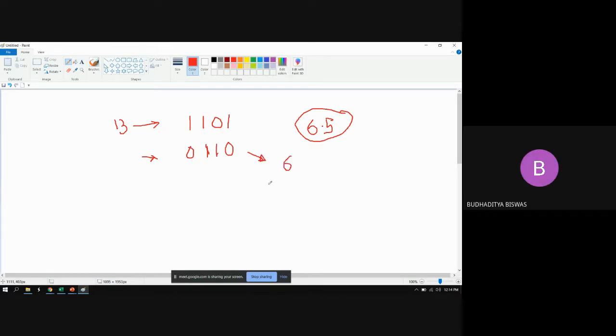So that's why it's written that if the data is odd, then just by shifting the data one bit towards the right position causes an error of 0.5, because the expected result was 6.5, but we are getting 6 only. So 0.5 error will be there in this particular procedure. বোঝা গেছে?